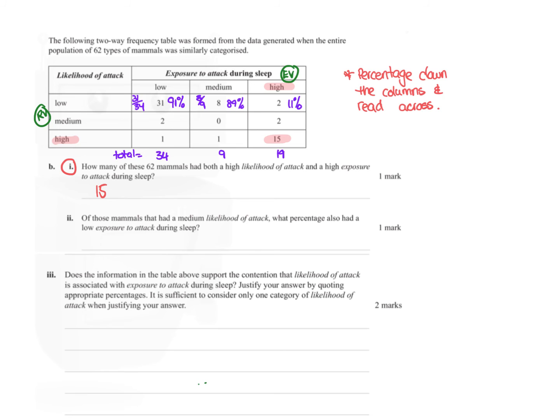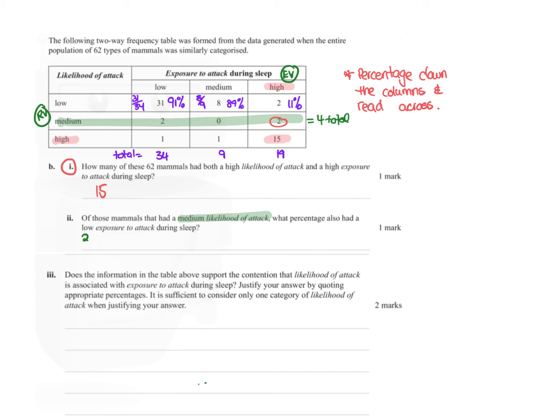Now, the next question says, of those mammals with medium likelihood of attack, so just across the median row, what percentage of them had a low exposure? If we add up the median total, there was 4 in total.